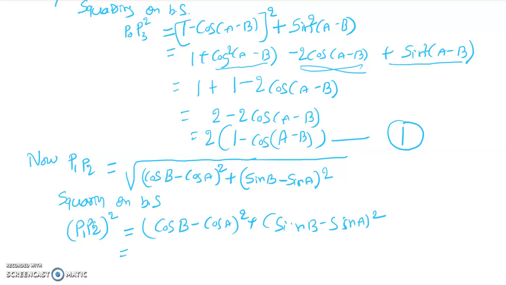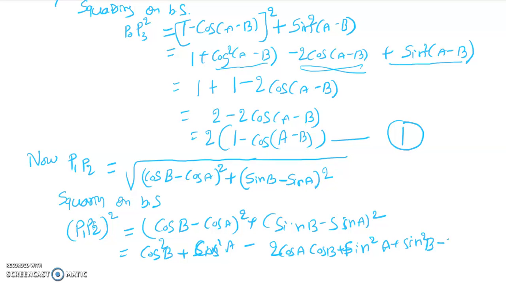Okay, you will expand using the formula (A minus B) the whole square: cos square B plus cos square A minus 2 cos A into cos B, plus, when we expand this, sin square A plus sin square B minus 2 times sin A into sin B.